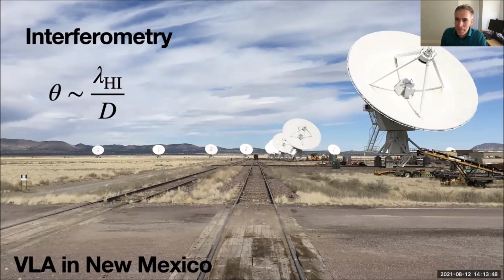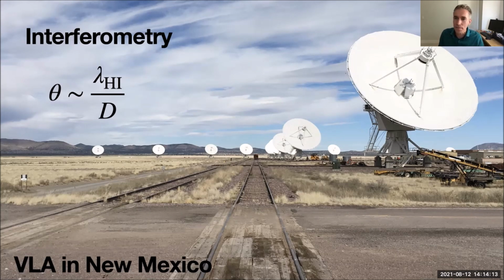You are probably familiar with this equation for telescope resolution, where the angular resolution of a telescope is the wavelength that you're observing over the size of your optical instrument. And the 21 centimeters makes this intrinsically a big number. So to get to the high resolutions that we need to study the details of the physics here, we really need large instruments.